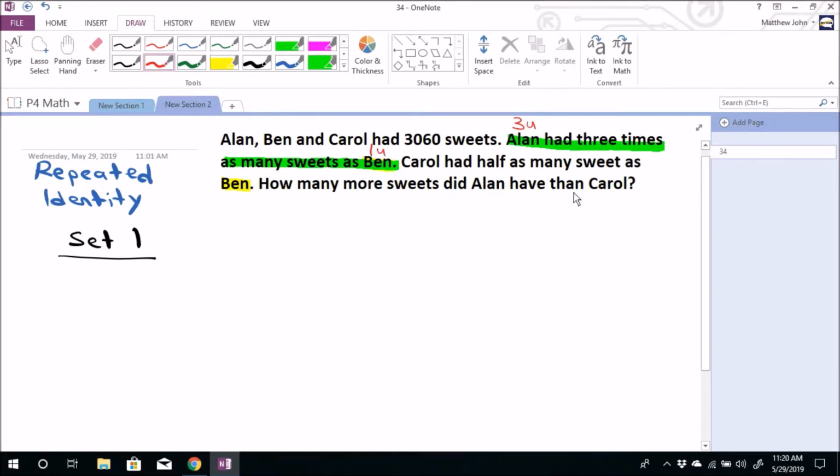The number here is 3, so that's why this guy here has 3 units. The first person that appears in this sentence is Alan, the second person that appears is Ben. So that's why Alan is 3 units and Ben is 1 unit. So let me draw the model. Alan 3 units, Ben 1 unit.